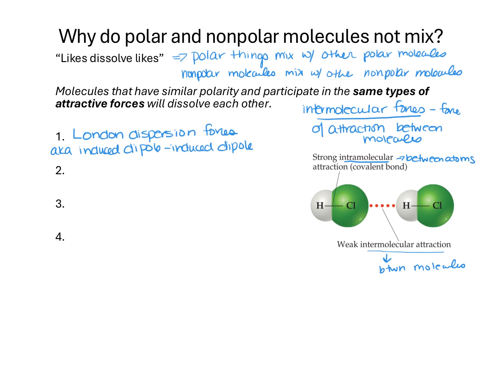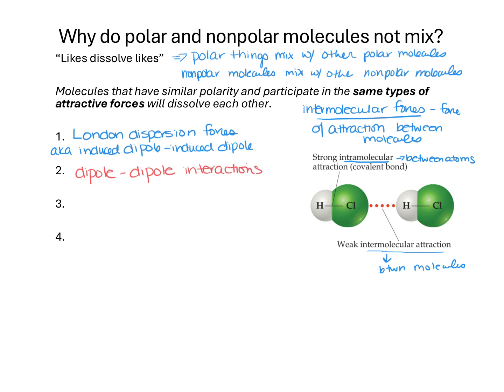And you'll have people even shorten them more to just dispersion forces or just London forces. The second one is dipole-dipole interactions. And it's important for you to write it twice because it requires 2 polar molecules. And so writing it twice helps us remember that. So we have dipole-dipole interactions.